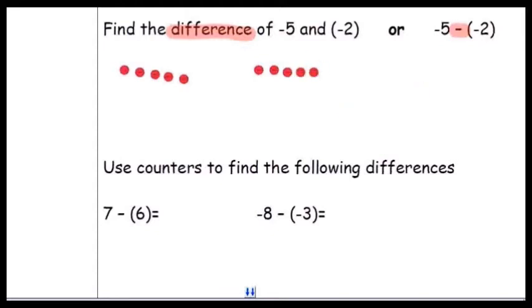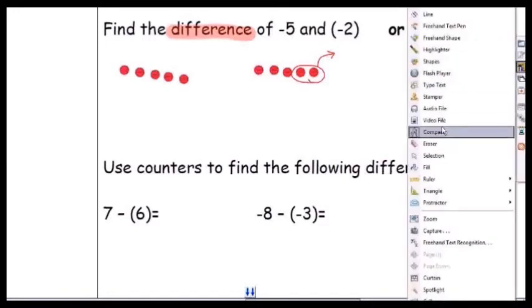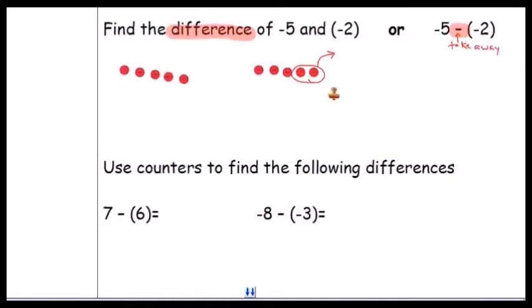In this case, I am going to take away 2 negative counters. There are 2 negative counters right here that I can just take away. My final step is to draw my answer, whatever I have left. Since I took these 2 away, I have 3 left.